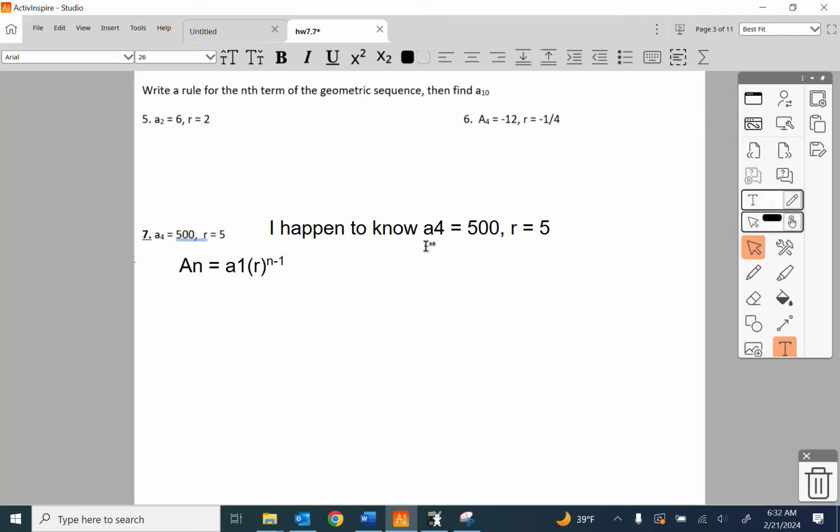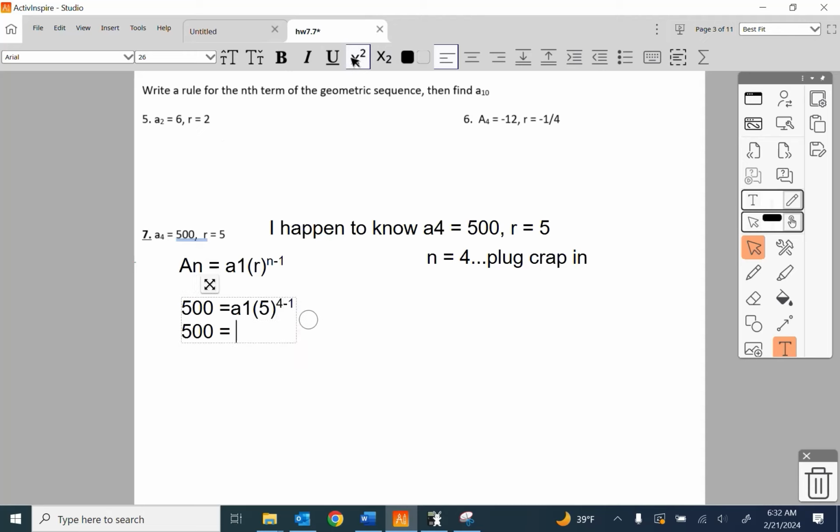Since I'm talking about a sub 4 here, I know that n is 4. So I'm just going to plug stuff in. Plain and simple. The result is 500. It happens when I have a ratio of 5 and an n value of 4.